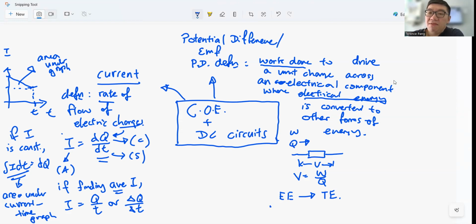Now there's also EMF. So I need space for EMF over here. What's the definition?